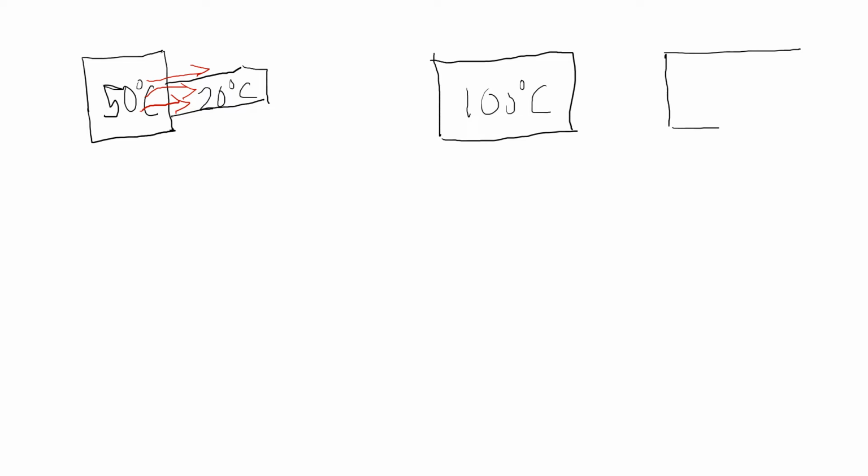And to understand thermal equilibrium, let's have another example. Let's say we have these two metal objects here. This object has a temperature of 100 degrees Celsius. And let's have another metal object here, and let's say it has a temperature of 25 degrees Celsius.